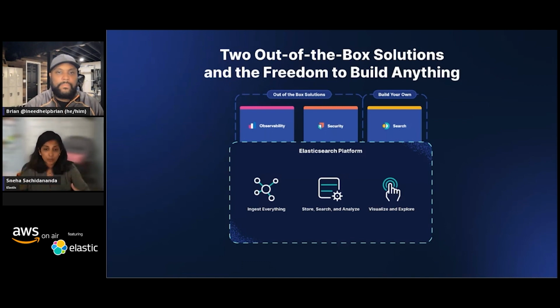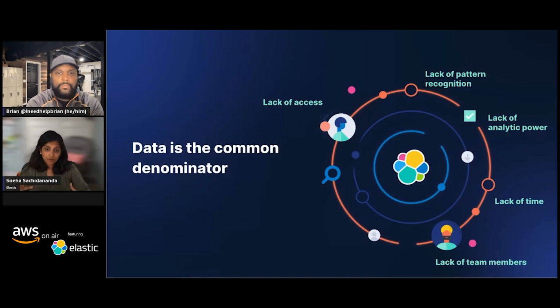The two most popular ones that you might be familiar with are the Elastic Observability solution and the Elastic Security solution. Of course, there's also the search solution where you can build your own custom applications. For today, we'll dive a little bit deeper into the Elastic Security solution.